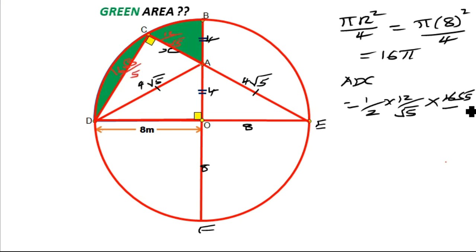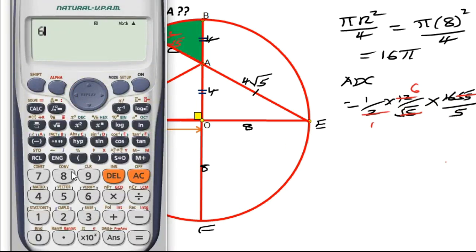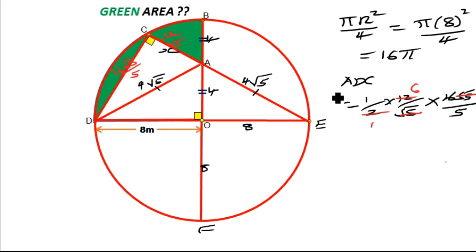Now if you work out that, root 5 goes with root 5. You remain with 2 goes into 12 six times, so 6 times 16 over 5, which is 96 over 5. So the area of that triangle is 96 over 5.